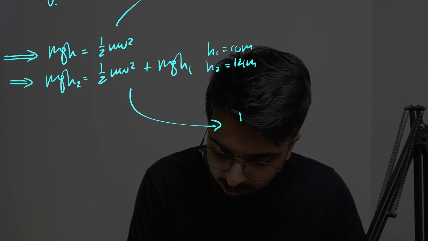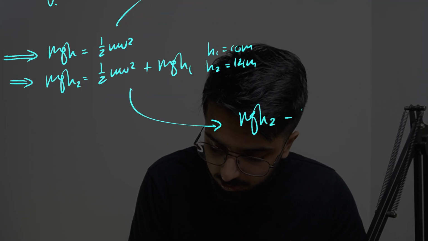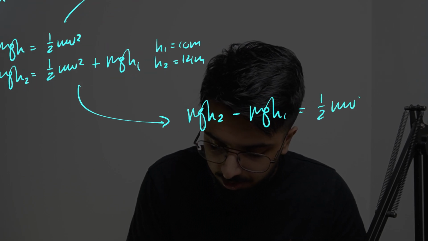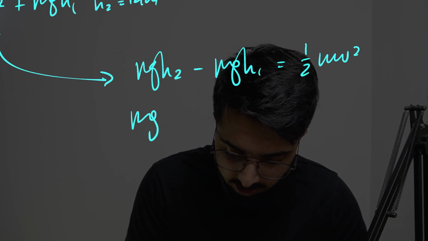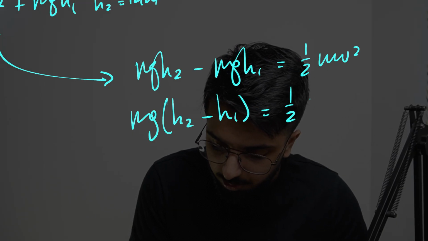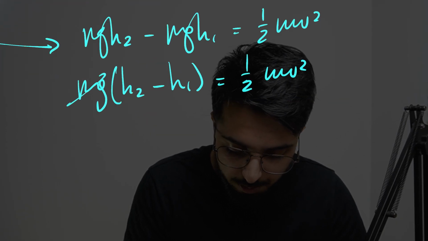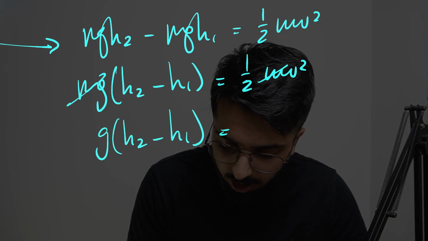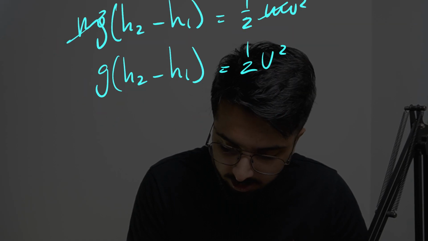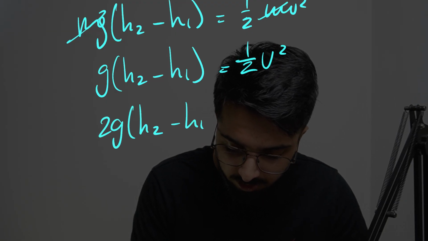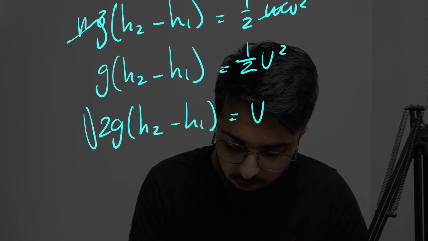So we have mgh2 minus mgh1 is equal to half mv squared. So that means mg(h2 minus h1) is equal to half mv squared. We can cancel out our masses on both sides and we get g(h2 minus h1) is equal to half v squared. Therefore, 2g(h2 minus h1) is equal to v squared, and we can square root that.